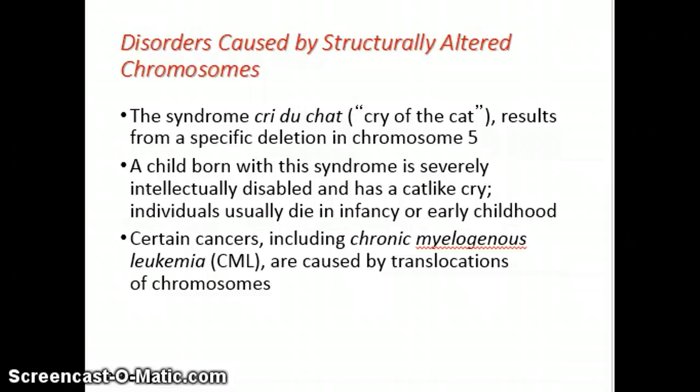A child born with this syndrome is severely intellectually disabled, has a cat-like cry, and usually has a very short lifespan. There are also cancers like chronic myelogenous leukemia, or CML, that are caused by translocations of chromosomes. A translocation is when one part of a chromosome trades place with another part.